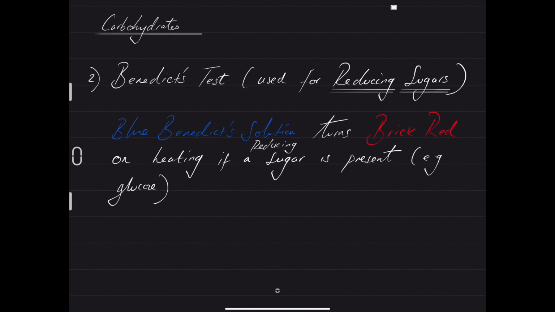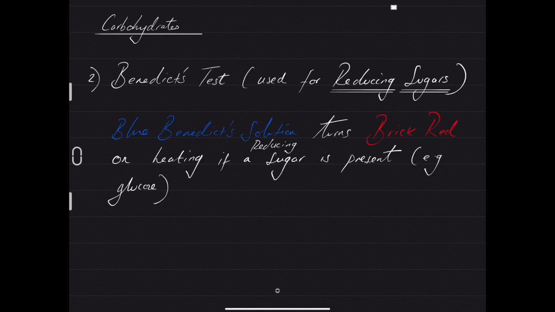Now, with this Benedict's test, you can get a varying degree of colors displayed with the Benedict solution.